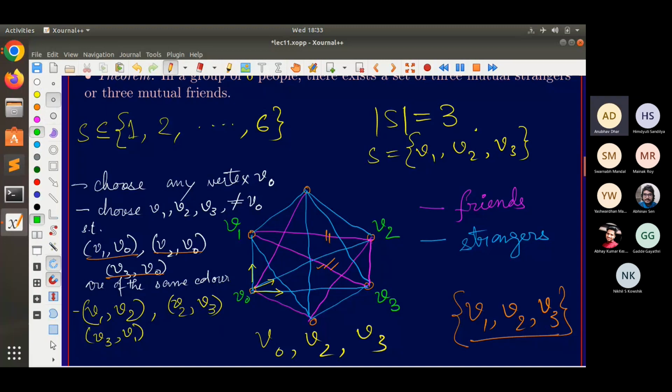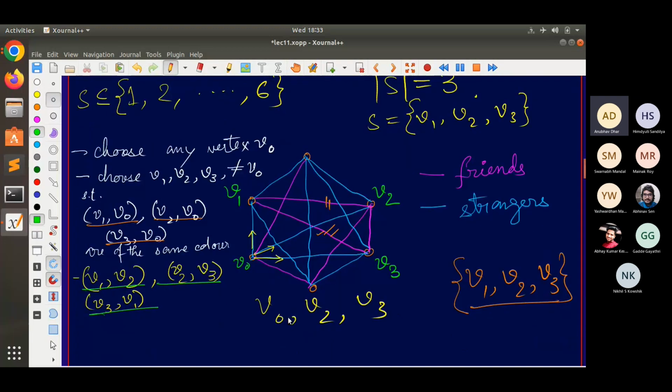Then you can form the triangle with these vertices, V1V3, V3V2, V2V1, and with these nodes you will have a triangle such that all their edges are of the same color, which is different from the color you have chosen for the vertex V0. But nevertheless, these three have the same color, and hence the three nodes V1, V2, V3 are either all mutual friends or all mutual strangers. I hope it's clear right now. Was this your doubt here?